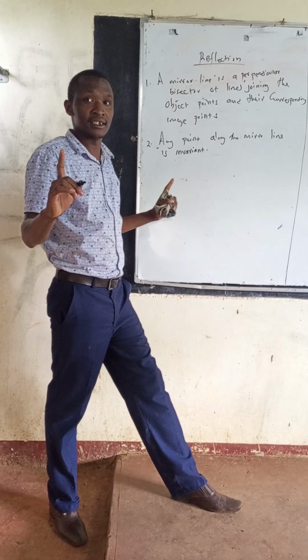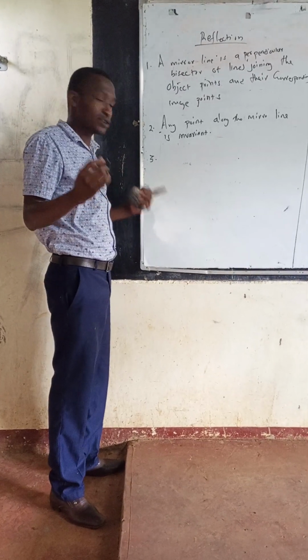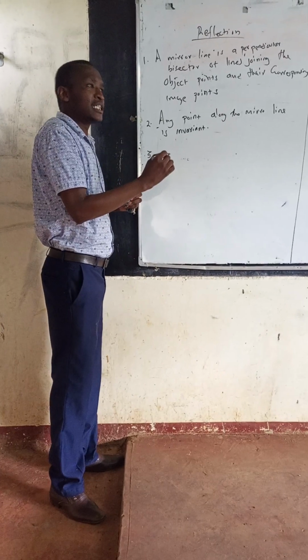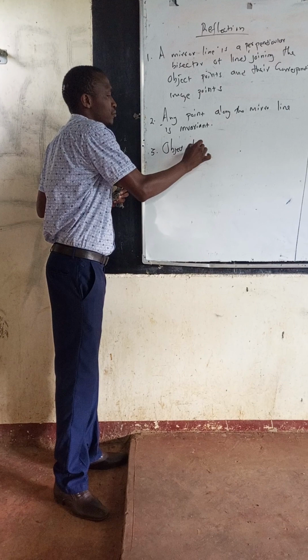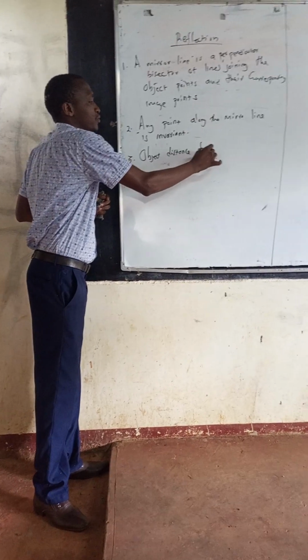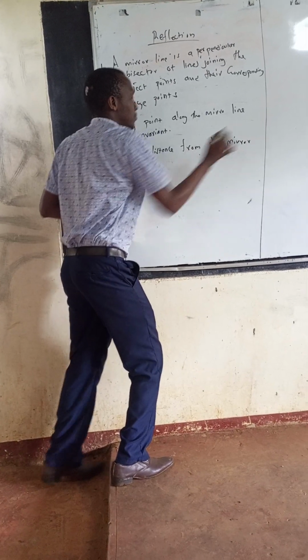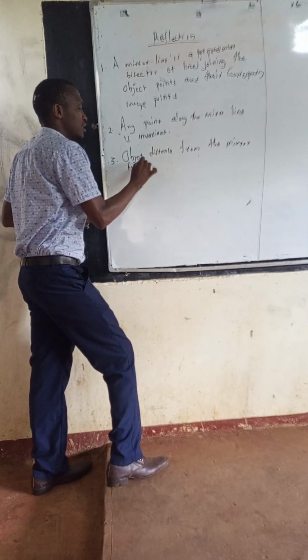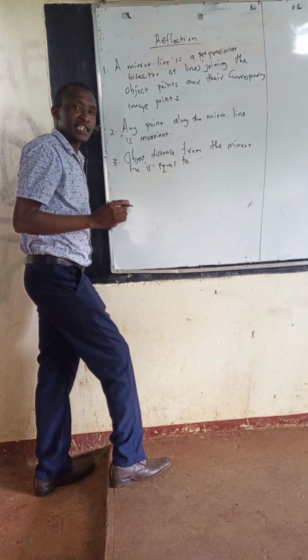Also, under reflection, object distance from the mirror line is equal to image distance from the mirror line.